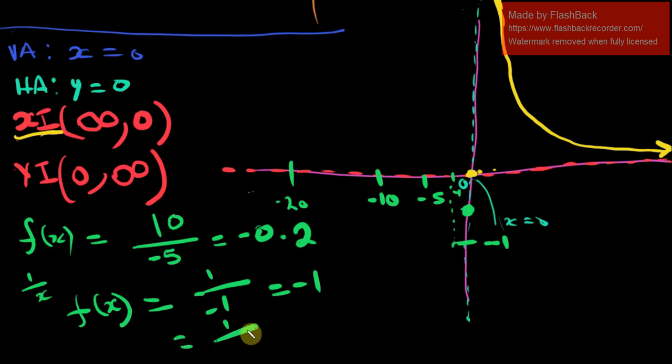What about 1 divided by negative 0.1? We'll get minus 10. So you see, there's no doubt the other portion belongs in the third quadrant.